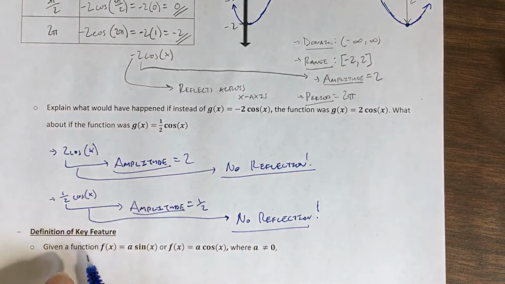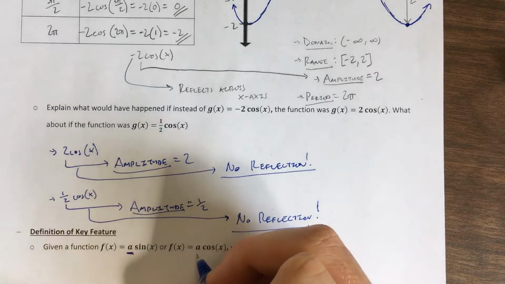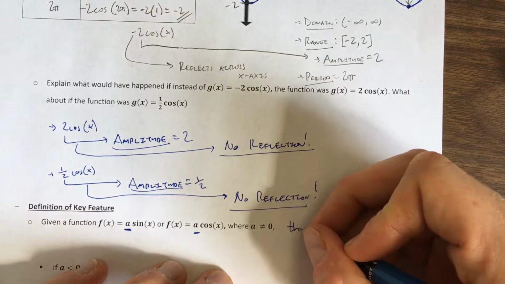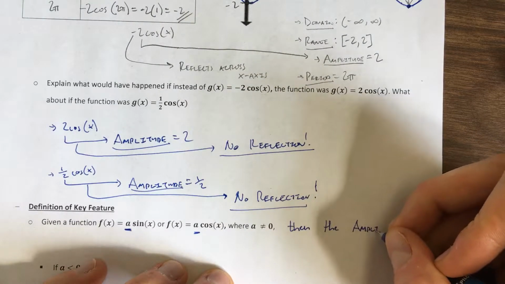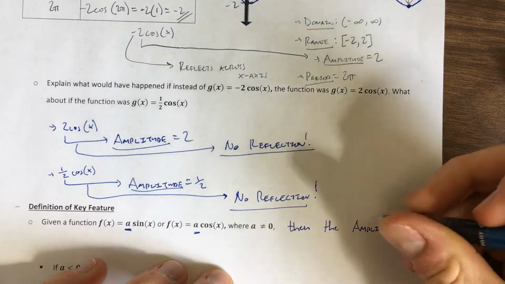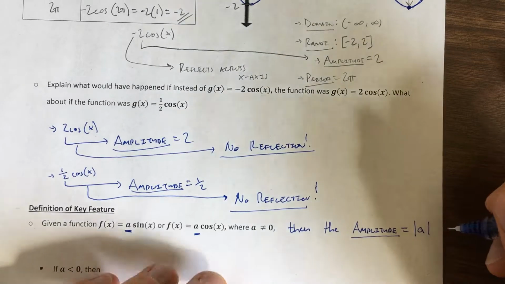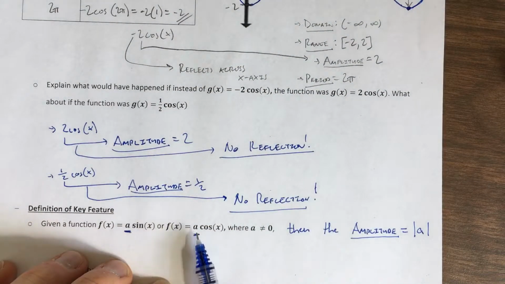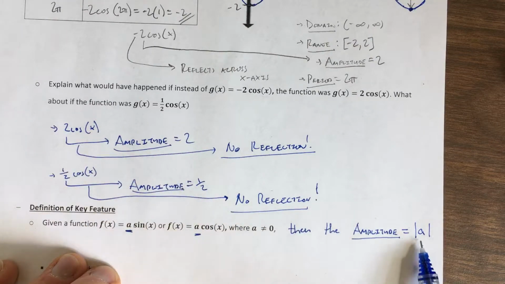But in general, for any function, whether it's sine of x or cosine of x, if we're multiplying our parent function by this value of a, then the amplitude changes, and it's going to equal the absolute value of a. Meaning, if we're multiplying by a positive value like we did here, that value stays positive.